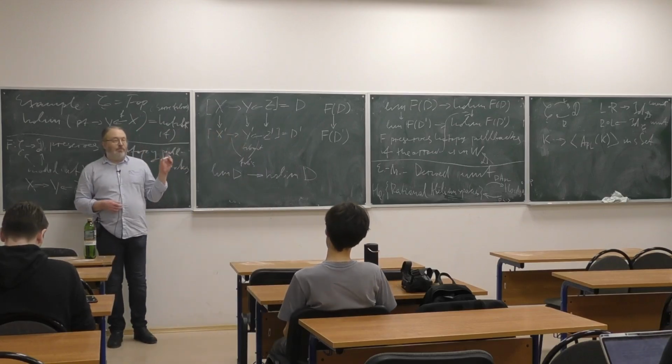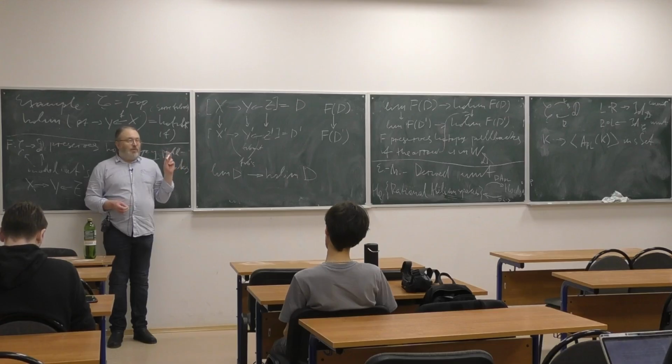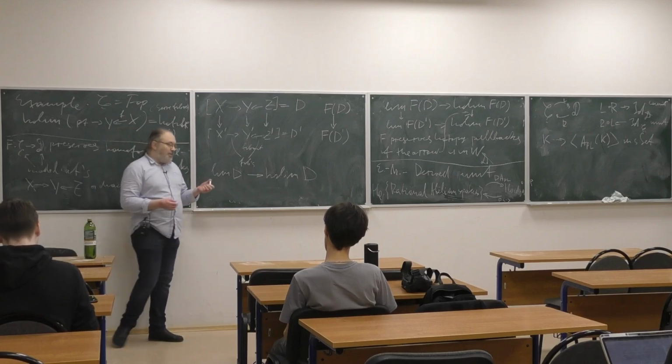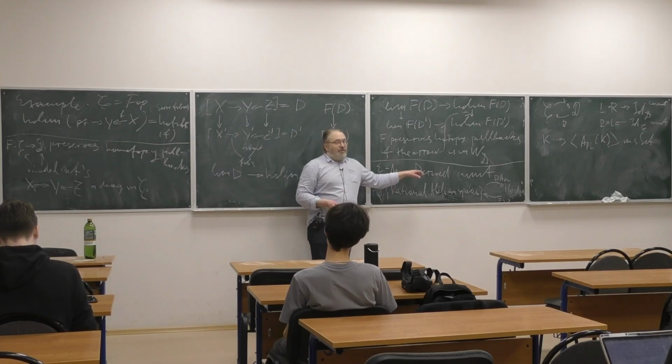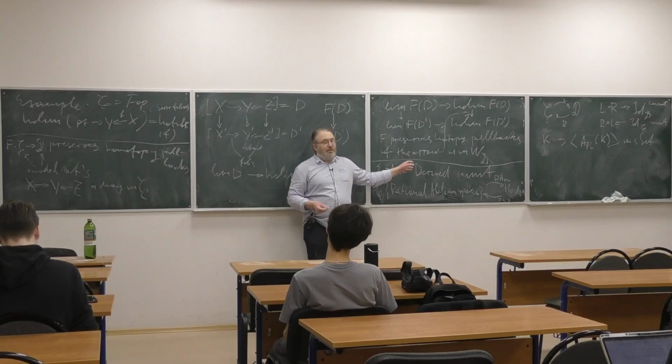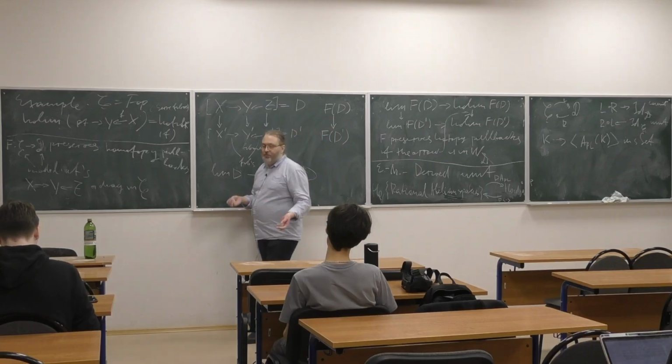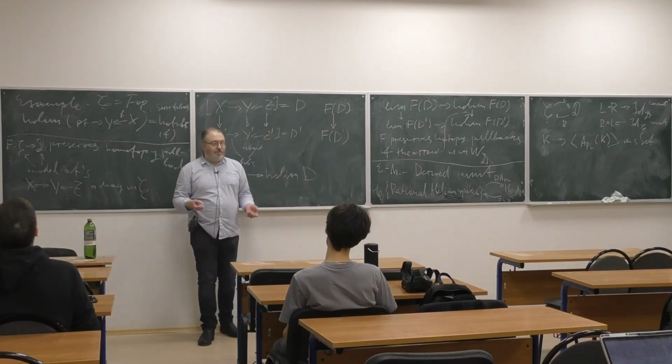There are basically two equivalent conditions. Well, the first one is that every pi n is a rational vector space. Since pi 1 is abelian, it makes sense to ask whether or not it's a rational vector space.